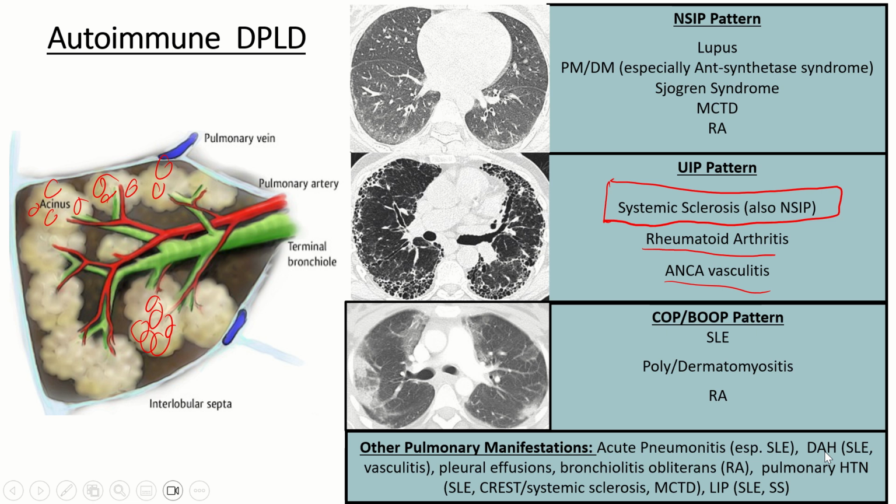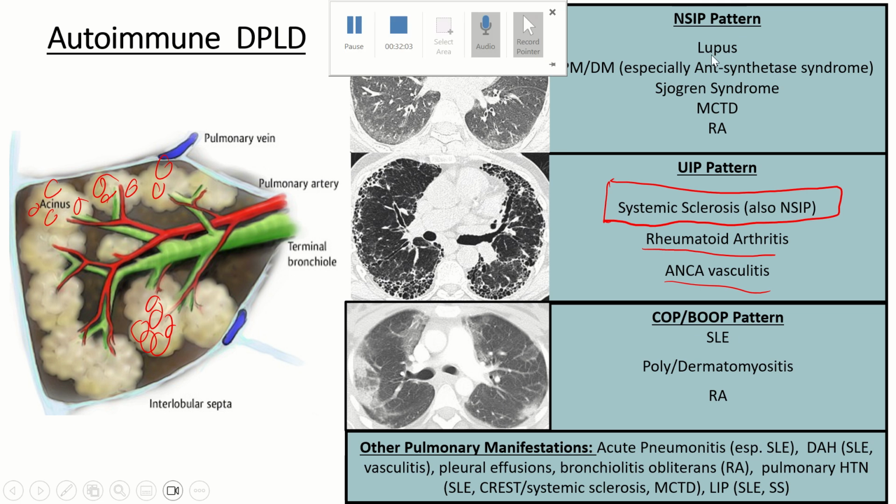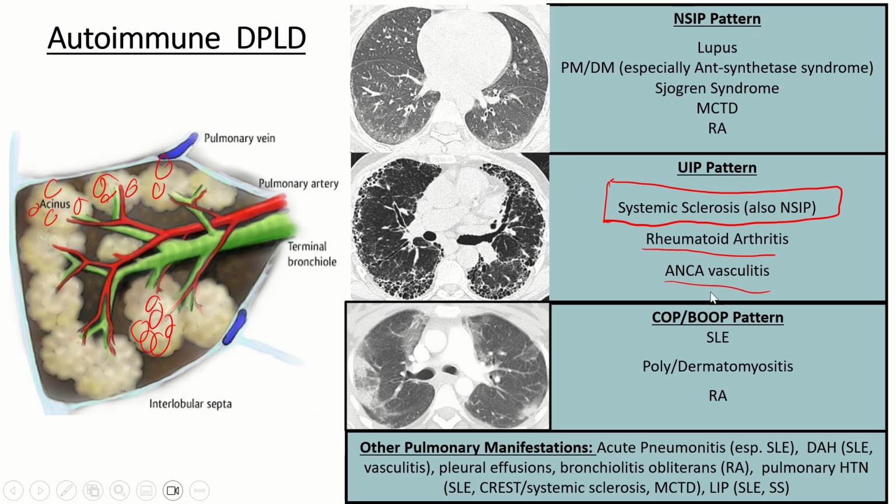They'll come in with diffuse alveolar hemorrhage, ground glass opacities, and even subsequent consolidation of their lungs, as well as a bit of hemolysis. You can get pleuritis with pleural effusions, destruction of the bronchioles with RA, and one of the more devastating things you can get is pulmonary hypertension. But these are just the patterns that you may see from autoimmune diffuse parenchymal lung disease.